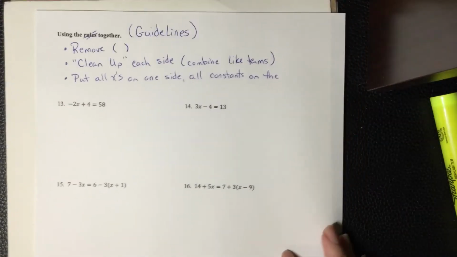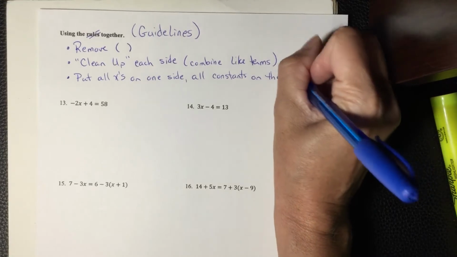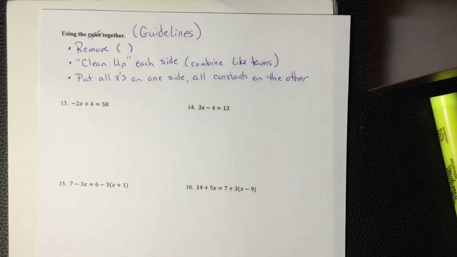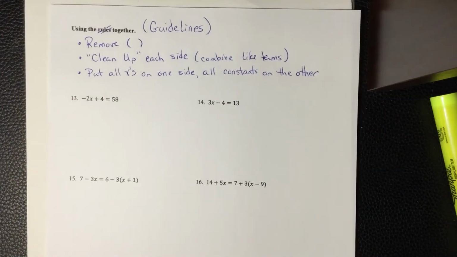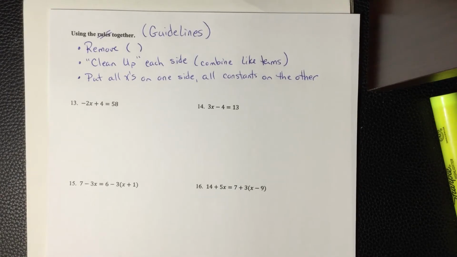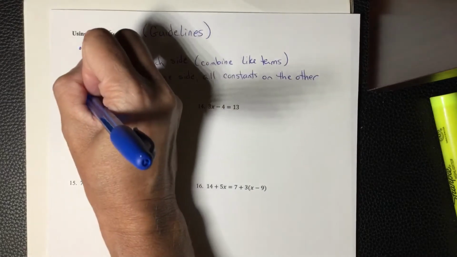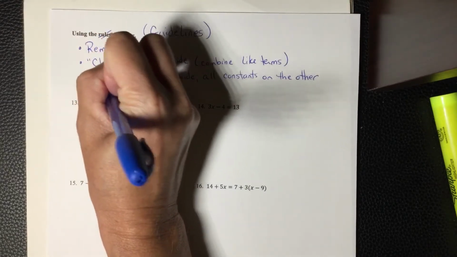Now, you don't necessarily have x every time, but I just picked x as a general letter. Okay, so everything that has an x goes on one side of the equation, everything that doesn't have an x goes on the other, and then divide by the coefficient.